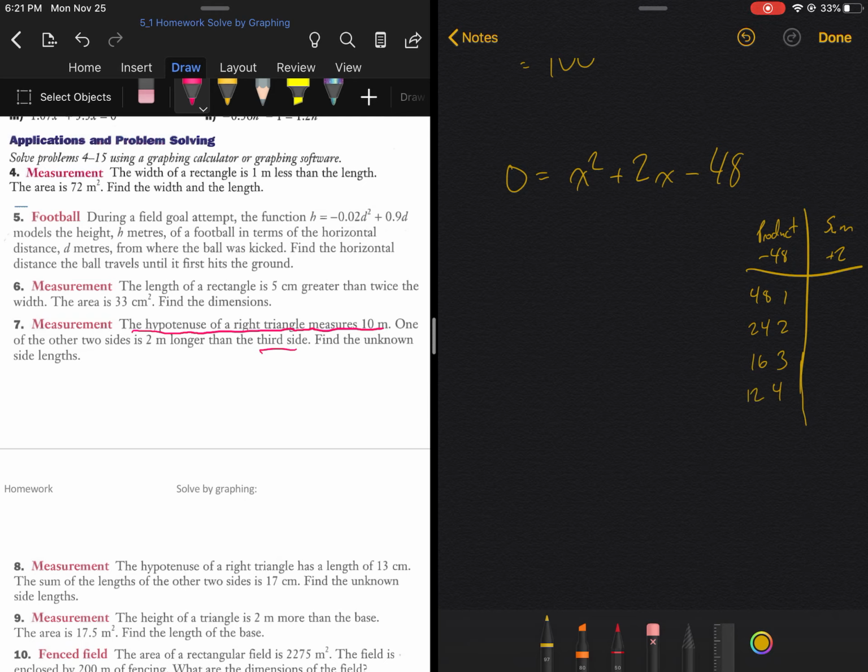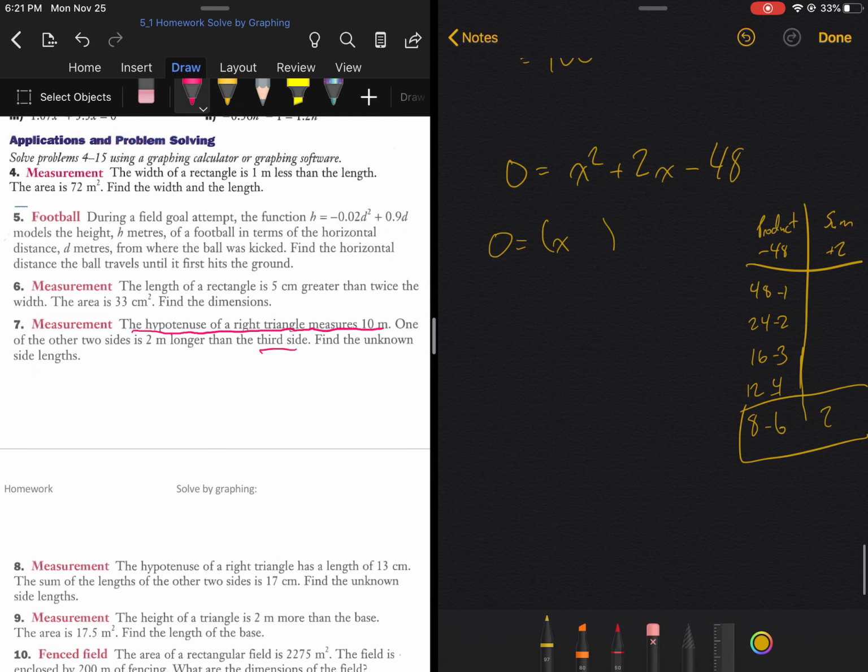Sorry, let's try 4 and 12. Okay, the difference between them is not going to be... Oh, by the way, in this case, it's always a negative for the smaller number. And we have 8 and what else? 8 times 6. 8 minus 6 is 2. So I have my answer, right?